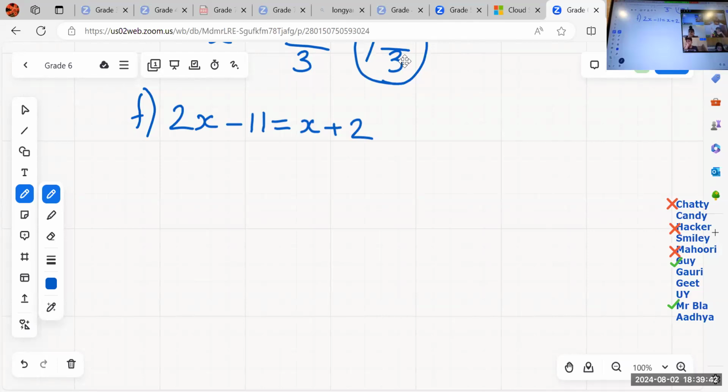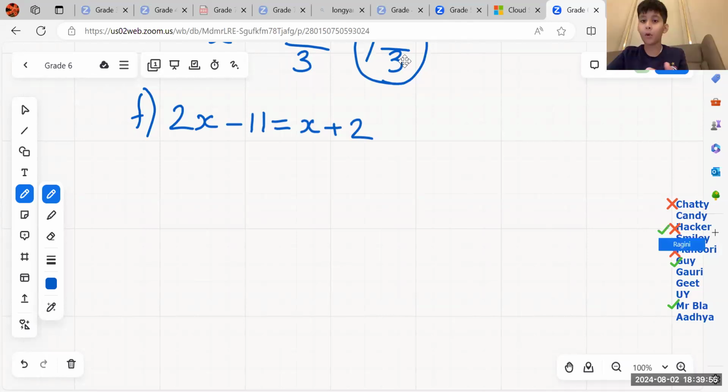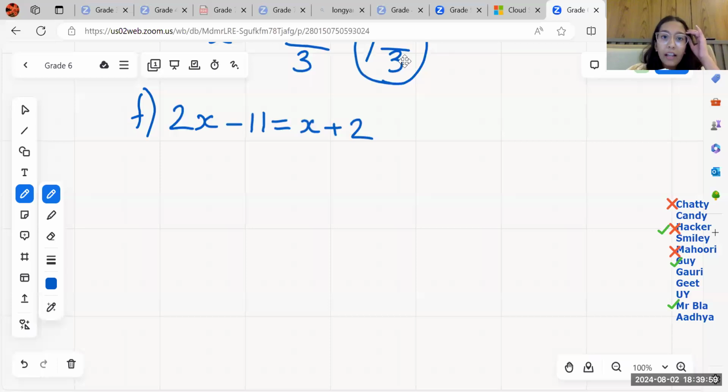So fractions, Gauri, fractions is in the syllabus of all boards. No, sir, we don't have fractions. That's strange, beta. Geeta, we don't have fractions, right? Earlier we just did activities on fractions because we had the bridge month.